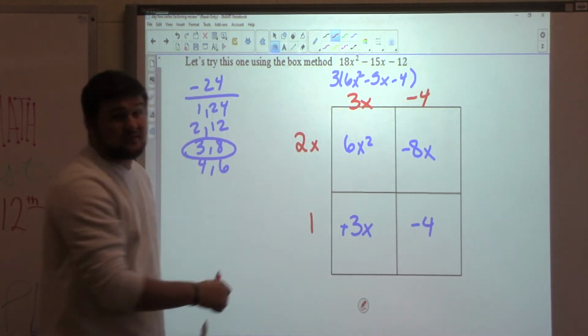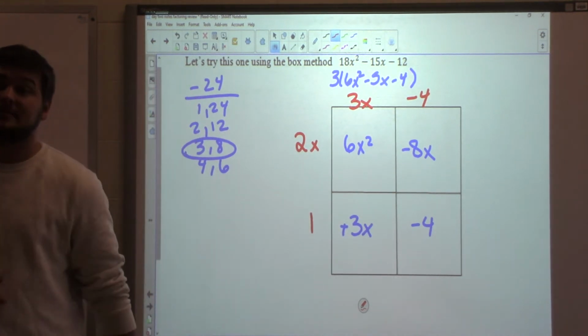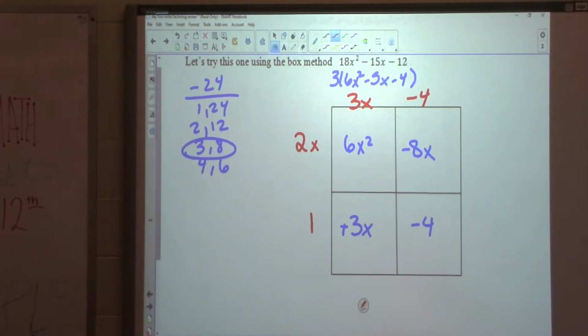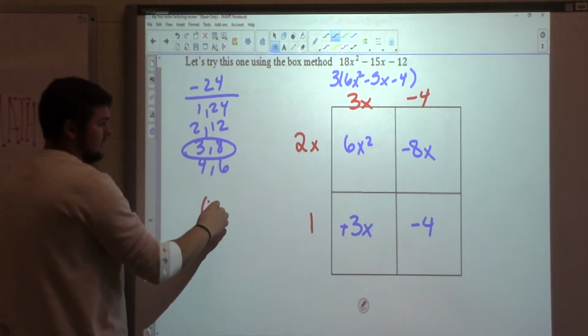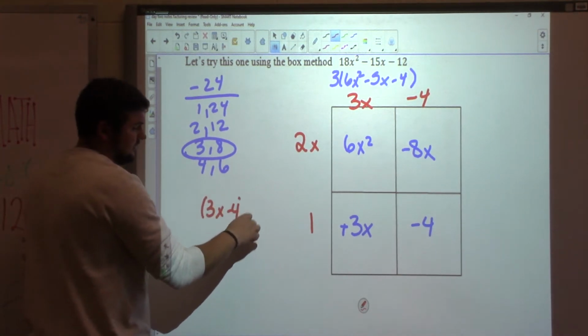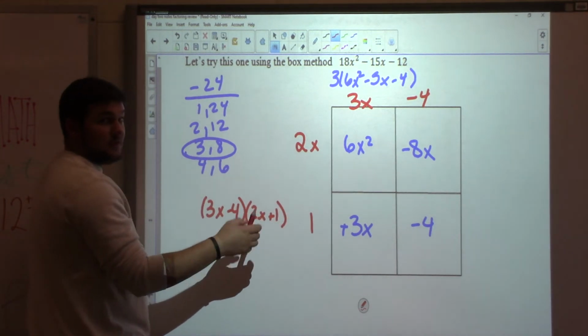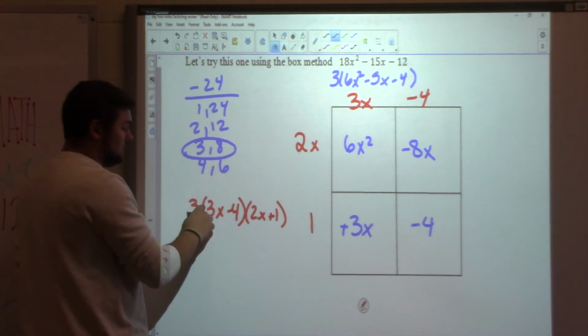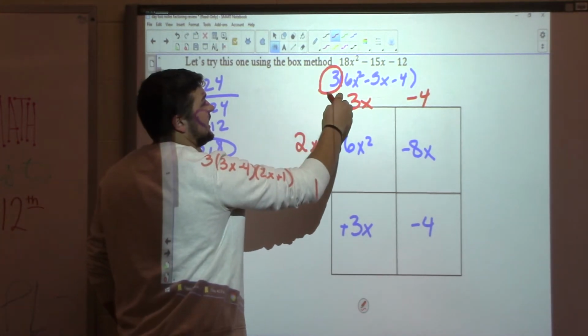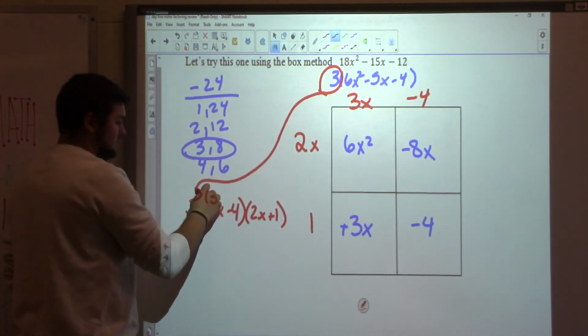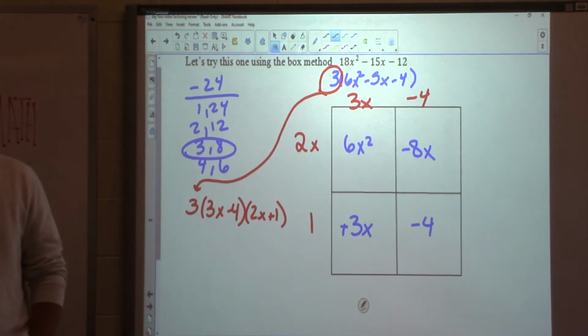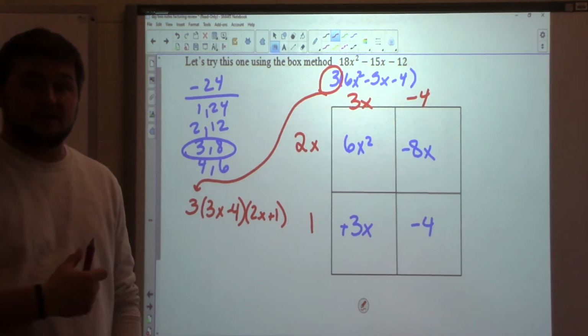If they don't have any common factors, 1 is always a common factor. So my final answer should be 3 times (3x minus 4) times (2x plus 1), with the 3 in the front. Don't lose this 3. It's got to come down to our final answer. Right? If you factored it out, it's got to be in your final answer.